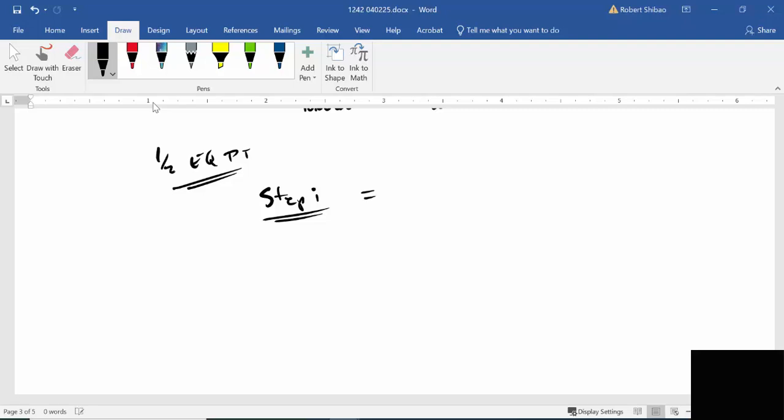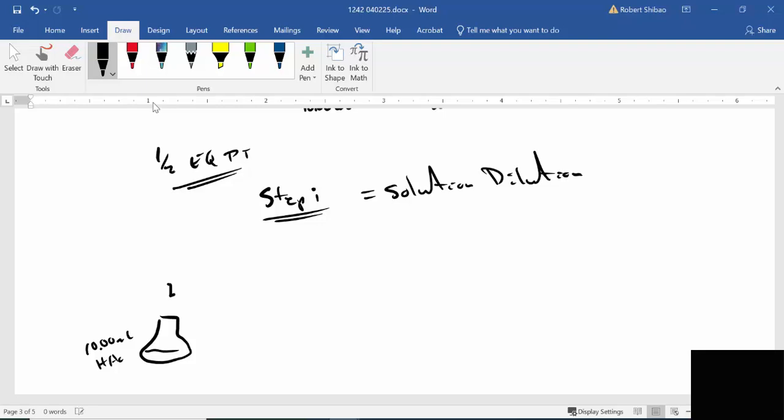Step I is equal to solution dilution, and solution dilution is going to be like this. We're going to take 20.00 milliliters of acetic acid, and then we're going to add to this 10.00 milliliters of sodium hydroxide that we're going to pour in there.